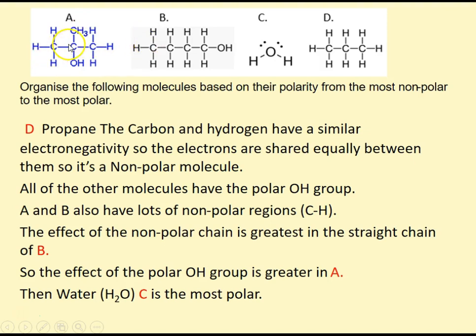So to compare this one to this one, can you put an extra carbon on your notes? Okay, so the effect of the non-polar chain is greatest in here. So this is more like this one, less polar than that. And so this one, and then that one, and then this one, and then the water.